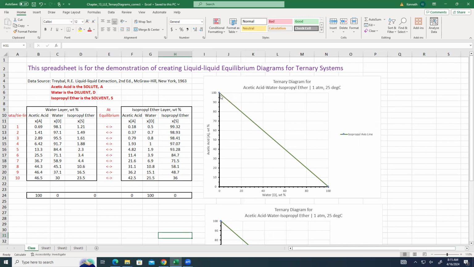This is the point of 0 solvent. And that's how we get our triangle. The next thing we would need to do is make our equilibrium curves, and the way we do that is simply by plotting these points. We would plot the water layer, and then we plot the isopropyl ether layer.